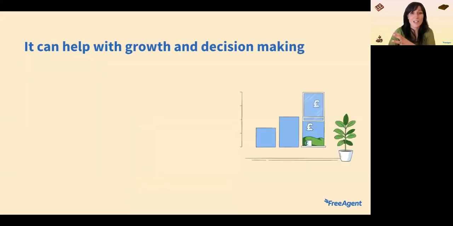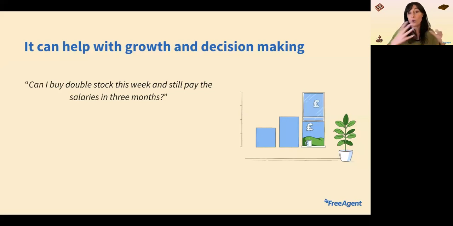Scary stuff aside, there's also some really positive things that cash flow management can help you with. It can really help with growth and decision making. As a business owner, I'm sure you're constantly making decisions about how to make the most of your business, how to grow your revenue and sales, and it can help you answer a whole number of questions. It could help you answer questions like, can I buy double stock this week and still pay the salaries in 3 months?